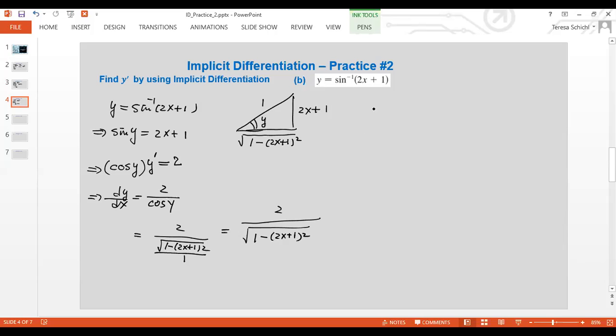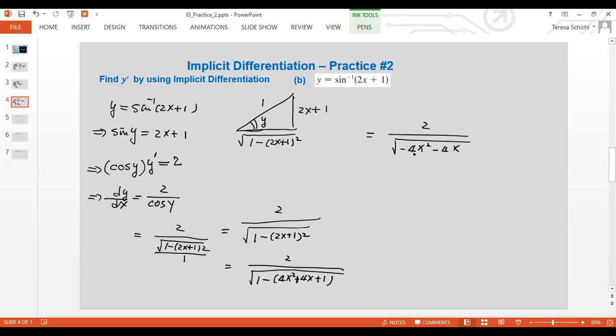Some people want to simplify a little bit more. Then you will get 2 over the square root of 1 minus, you just FOIL it. So it's 4x squared plus 4x plus 1. So 1 minus 1 cancels. Then this is a negative 4x squared minus 4x, right?